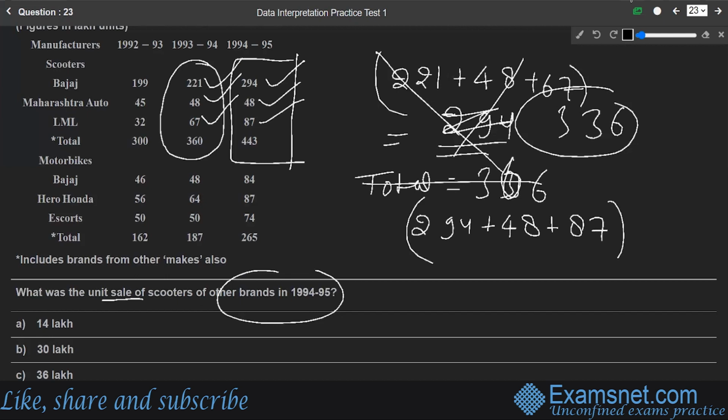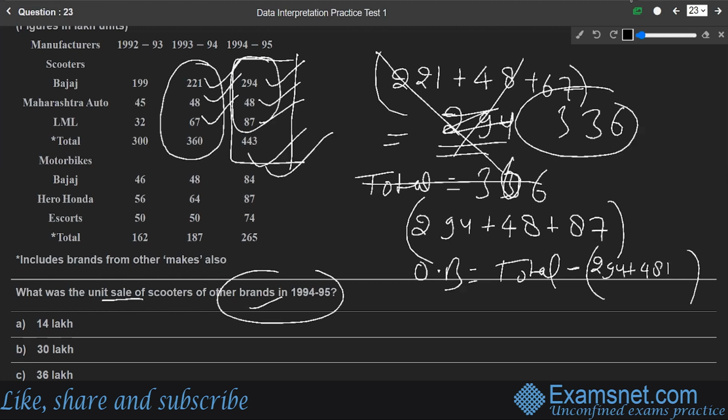This is the total sale of these three companies, but he's asking for the other brands. The other brands can be calculated as the total sale provided, 443, minus the total of these three sales, that was 294 plus 48 plus 87.